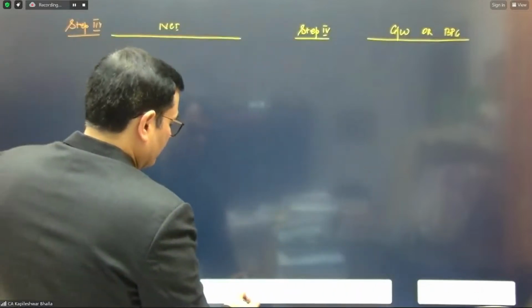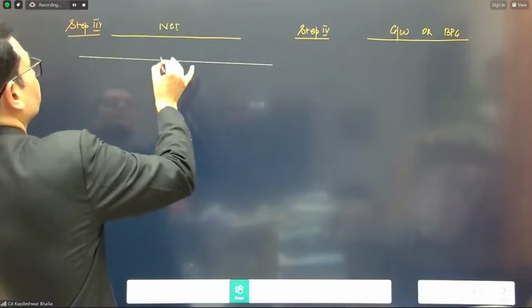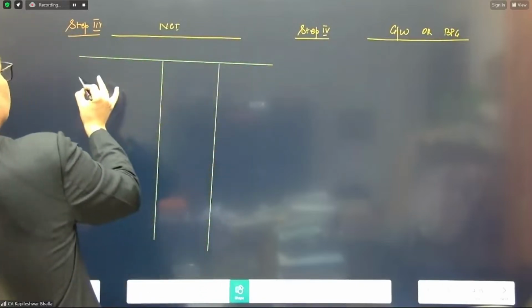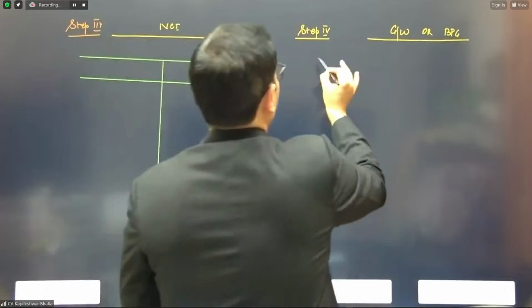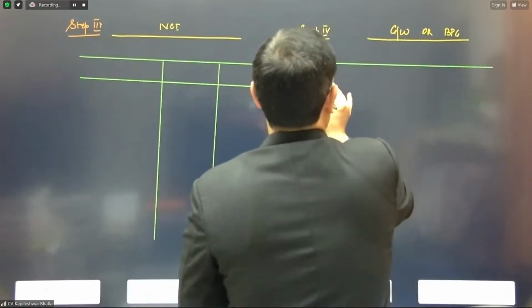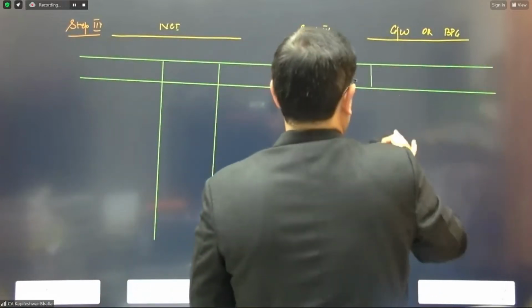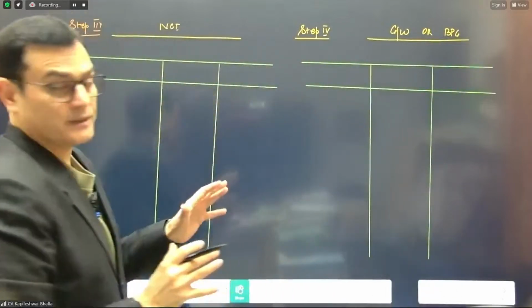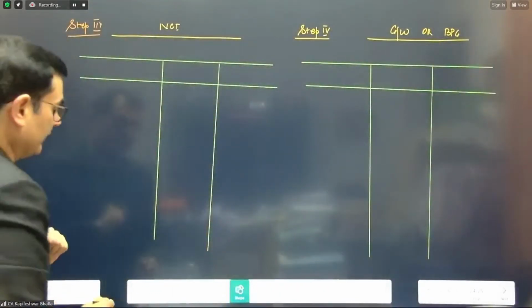So let me just organize the formats. And we're going to look at the NCI for the two companies, middle and bottom. And we're also going to look at the goodwill or bargain purchase gain for the middle as well as for the bottom. So let's first organize the formatting and then we'll take it further.